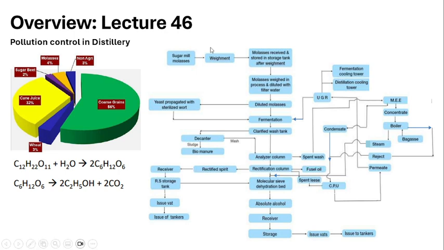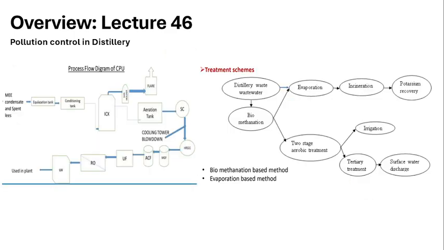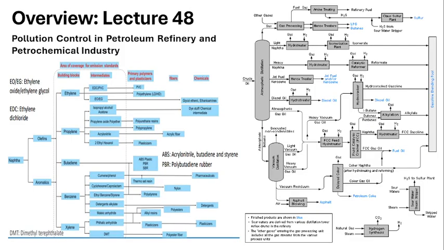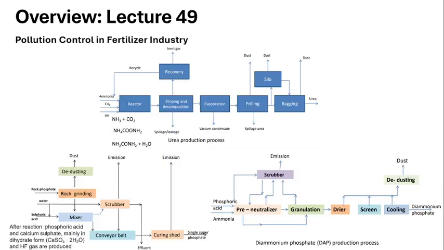So this week 10 is again the continuation of week 9. Last week we have seen the industrial pollution control in the sugar industry. Now in this week we will continue the topic of industrial pollution control in various industries. The list of industries we are going to see are the distilleries, the fertilizer industry, the copper smelting industry, the tannery industry, petroleum refinery and petrochemical industry, and the pulp and paper industry.